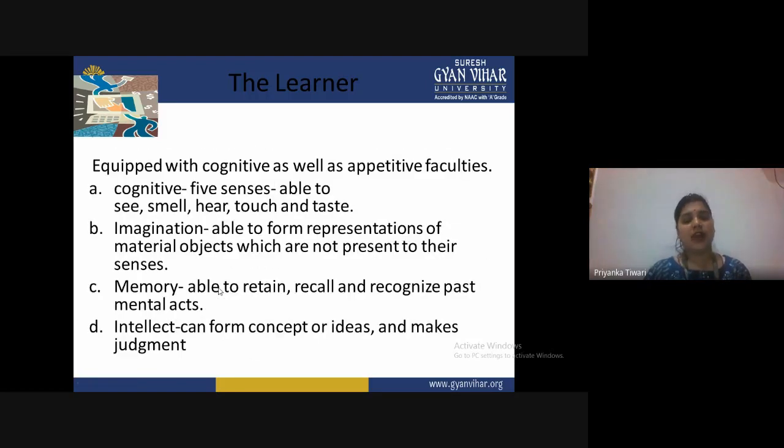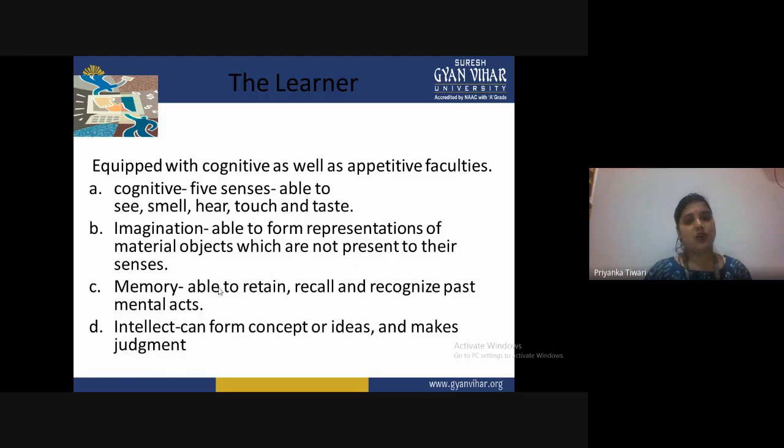We have discussed some qualities of the learner, equipped with cognitive as well as appetitive faculties. Cognitive: five senses, able to see, smell, hear, touch, and taste.